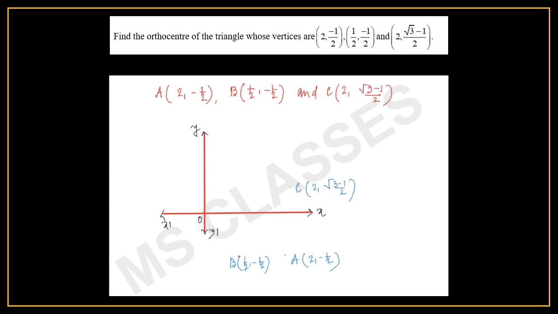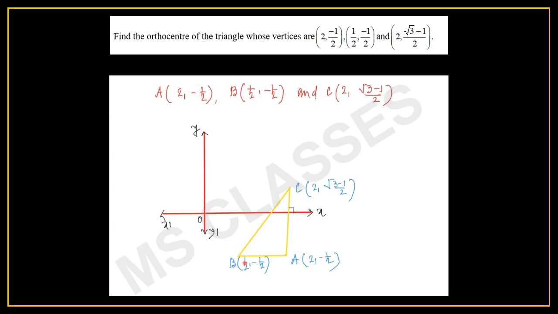So if we join these sides, we get a triangle. Now you can understand that here the abscissa of A and C is same. That means AC is parallel to the y-axis. And we observe the ordinate of A and B is same.